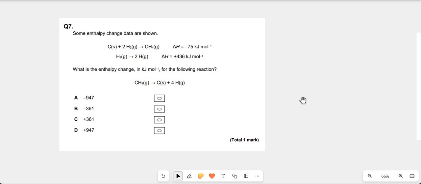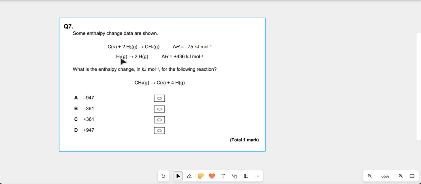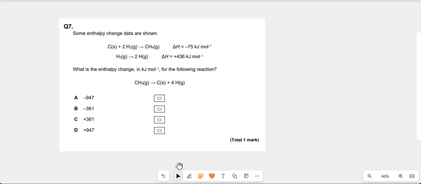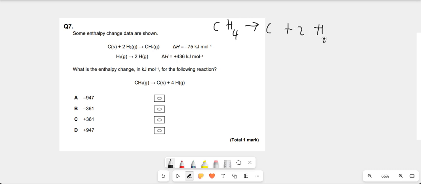Actually no, I'm going to reverse equation one because I need to produce this H2 that I need to make to go to 2H. So reverse equation one, and you get CH4 produces C plus 2H2. And delta H for that is going to be 75, because I reversed the minus 75 to the other way.